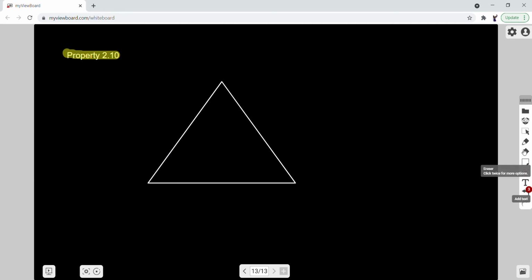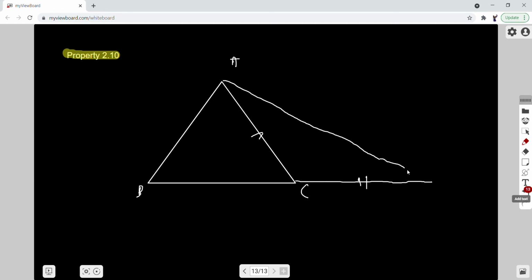Now I'm gonna construct, one second, let me name it ABC. Now I'm gonna construct another line like this. This is equal to this one, and now I'm gonna join this one and say this angle and this angle are equal because it's the isosceles triangle, and this angle, let me write x plus y.